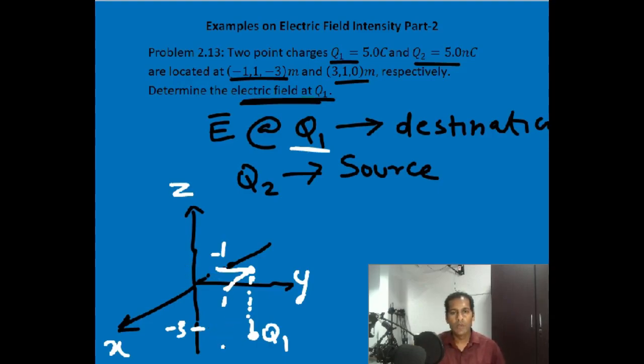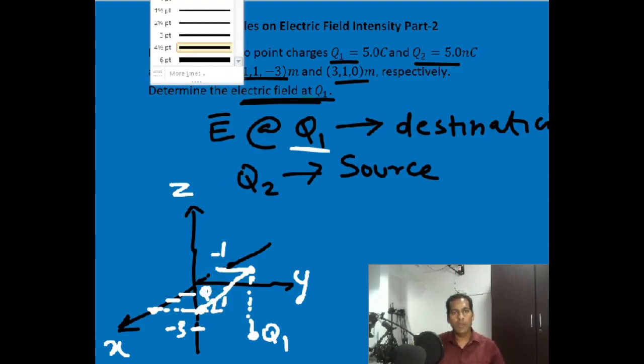Q2 is given as 3, 1, 0. That means on the x-axis it is 1, 2, 3. On the y-axis it is 1. So we can attach this somewhere here on the horizontal plane. This is the point, and there is no height. So this point itself is Q2.